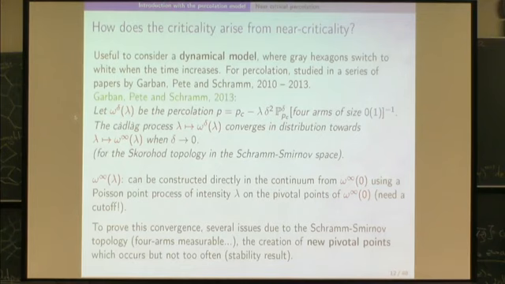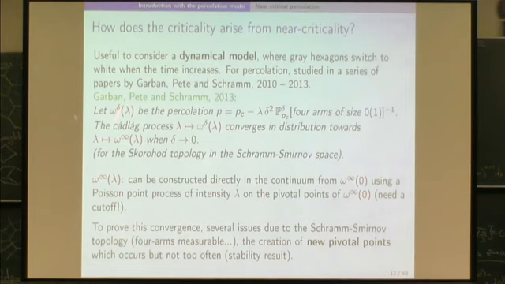But something nice is that you don't create too many of them. The probability that your Poisson point process of intensity lambda chooses one of those new pivotal points is negligible. But they have to prove something very deep to be able to do that, and it's a sort of stability result.